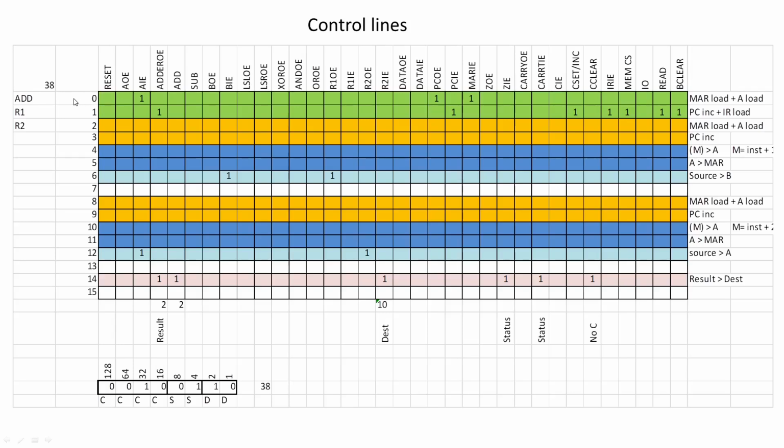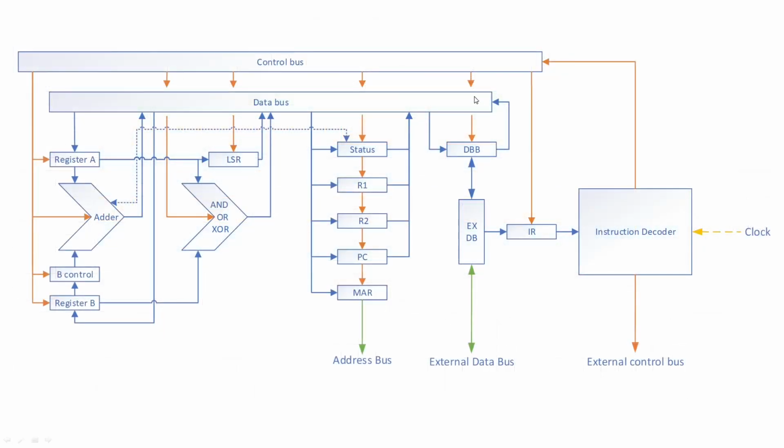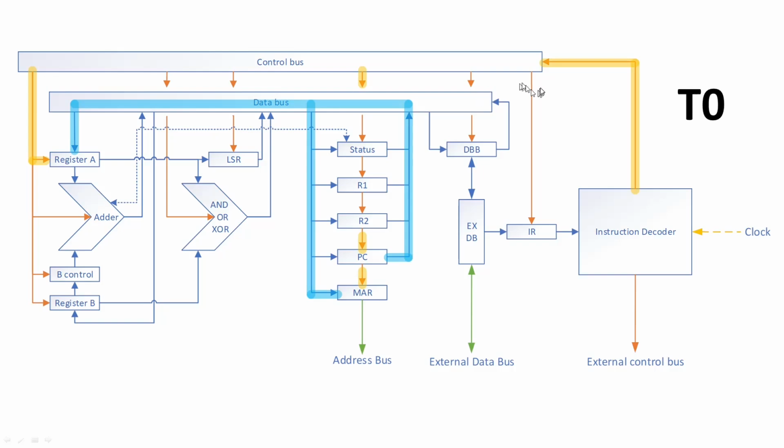In fact, it doesn't even look at them, it just looks at T0. If T0 is on, register A input enable will come on. Program counter output enable will come on. And memory address register input enable will come on. So if we look at that, there's the diagram of how the CPU is put together. And we actually get these signals on.